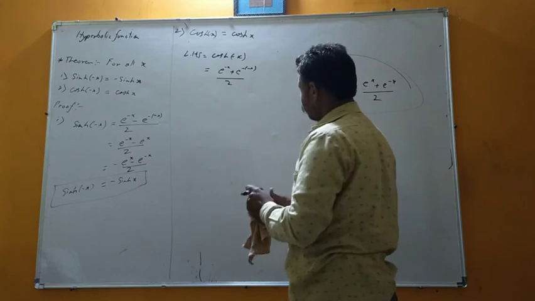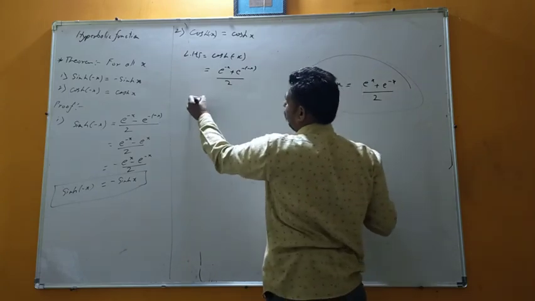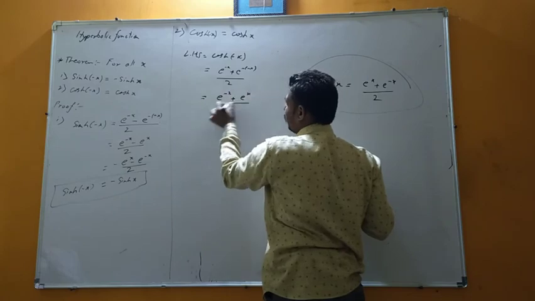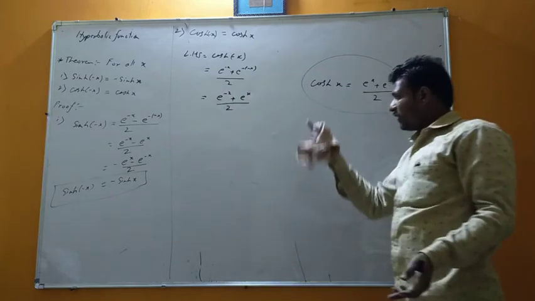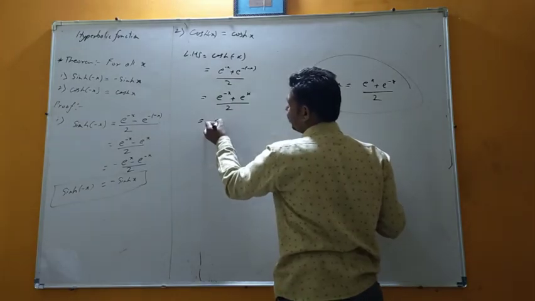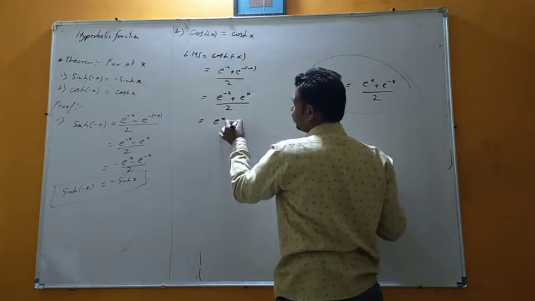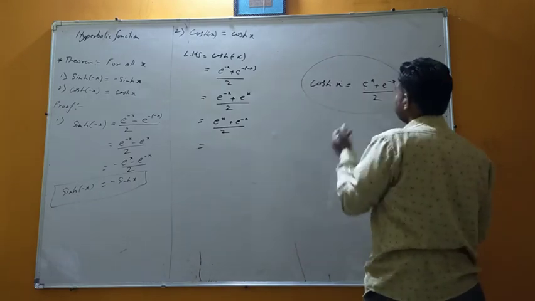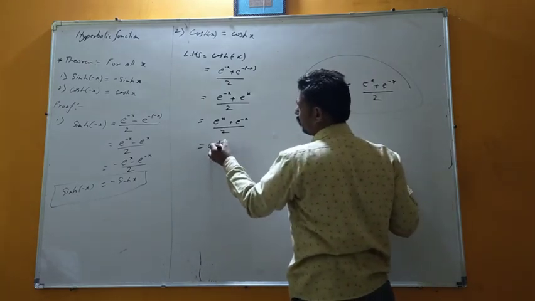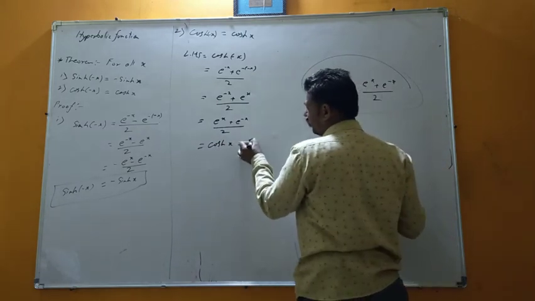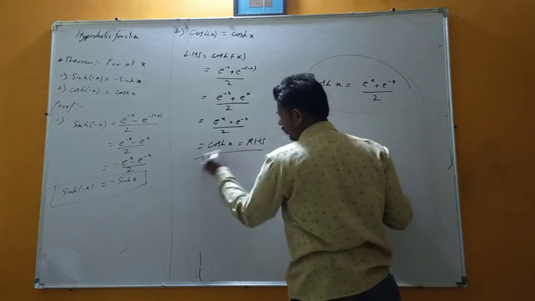So this becomes e raised to minus x plus e raised to x upon 2. Now obviously by commutativity we can write this as e raised to x plus e raised to minus x upon 2, which is nothing but the hyperbolic cos of x, and which is equal to the RHS.